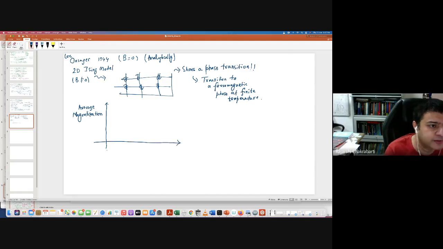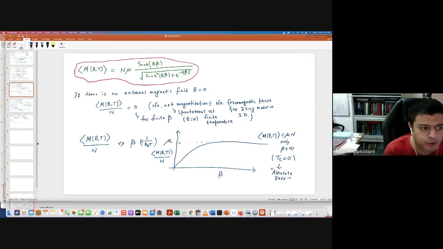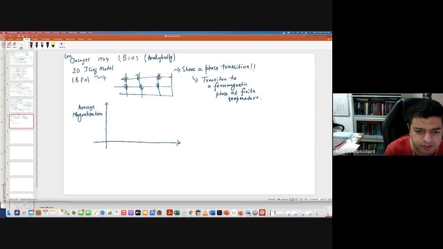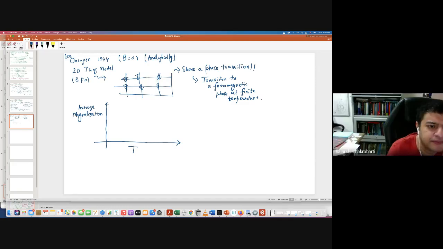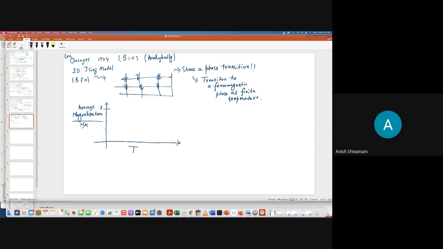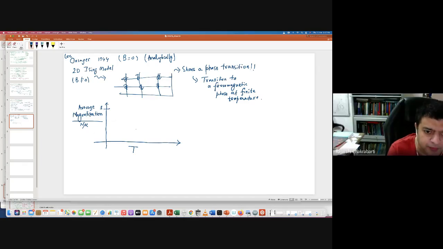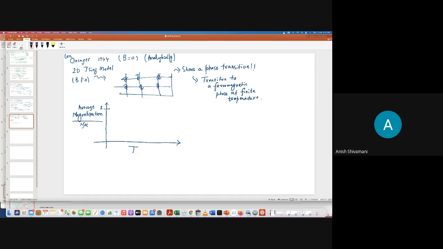I had plotted as a function of beta, but let us plot as a function of temperature. What is the expectation in the 1D Ising model? When temperature is 0, what is the magnetization? N mu. So the average magnetization divided by N mu, what is the value? 1. Is this fine?